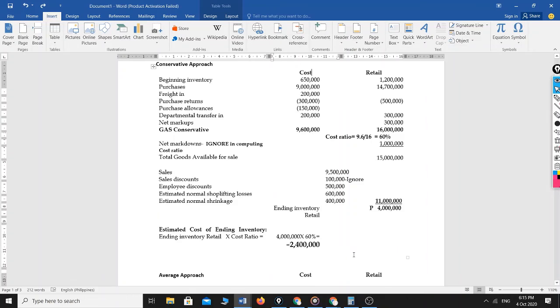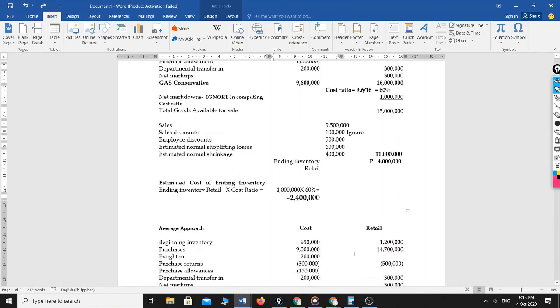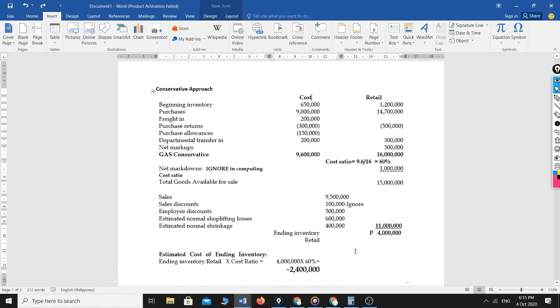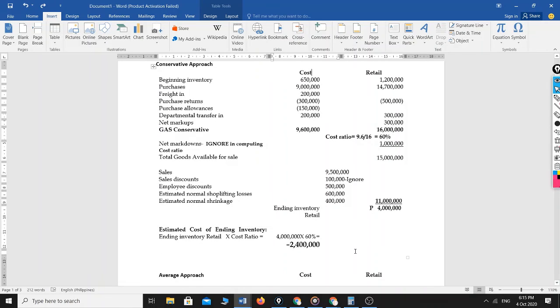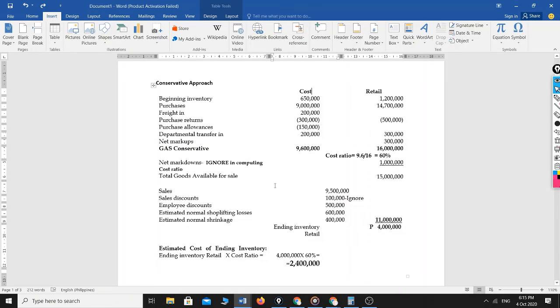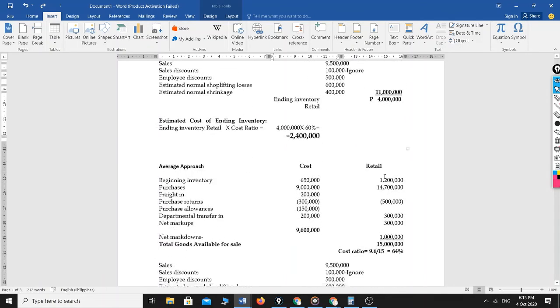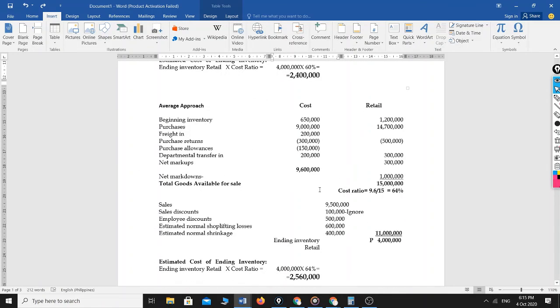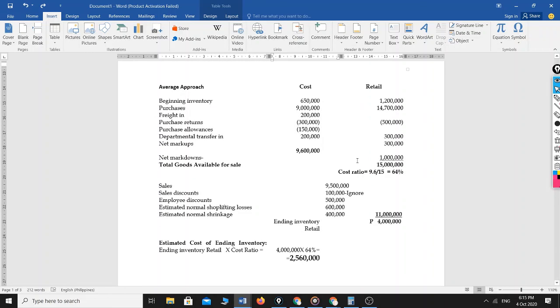Now, the difference between the conservative approach and the average approach is that the conservative approach does not include the markdown. When identifying the goods available for sale, the conservative approach does not apply the markdown to the price, whereas the average approach applies both the markdown and the markup.